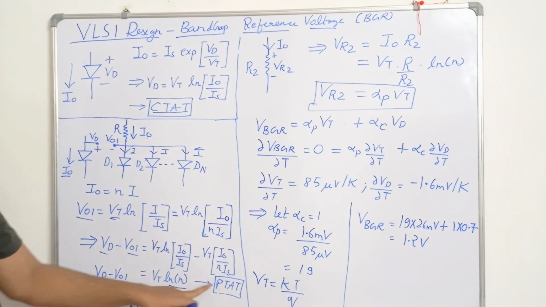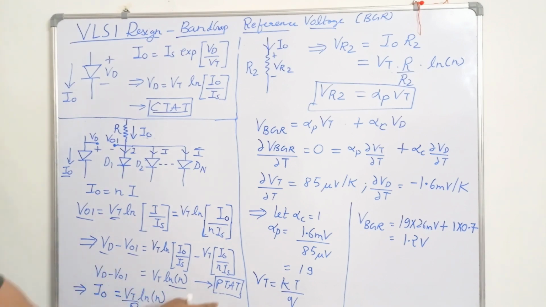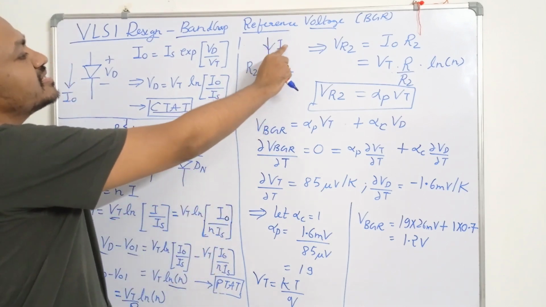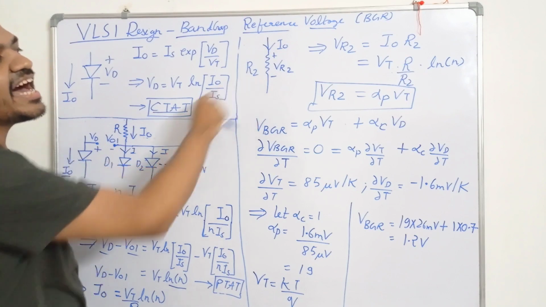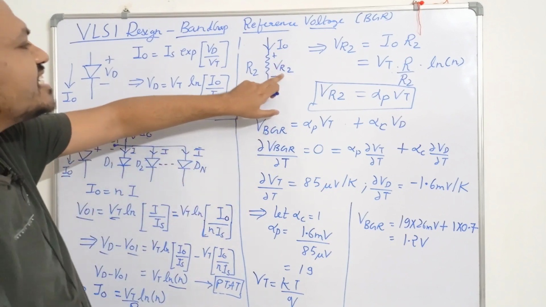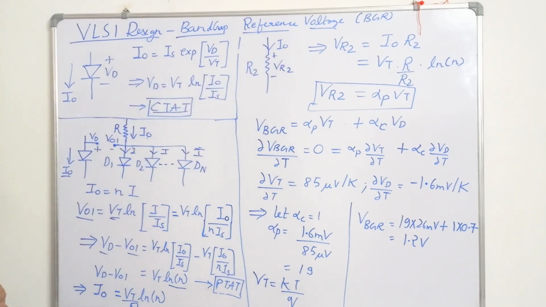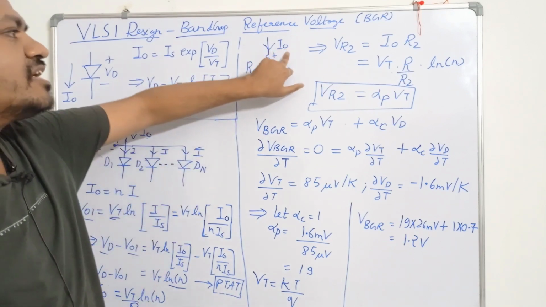As I told you, for a PTET device we also need a CTET device. Now we will try to design a PTET device without a CTET device. See this circuit. This is resistance R2, the voltage across this resistance is VR2, and the same current I0 is flowing through this.